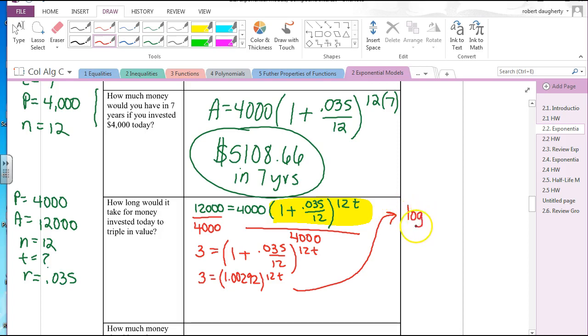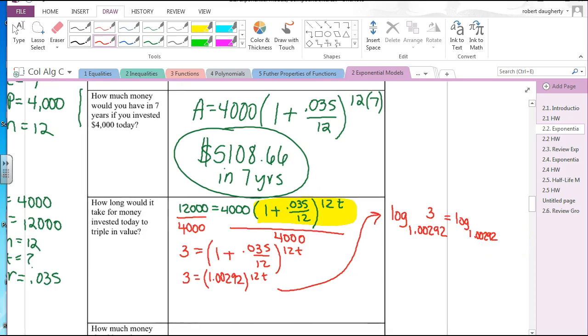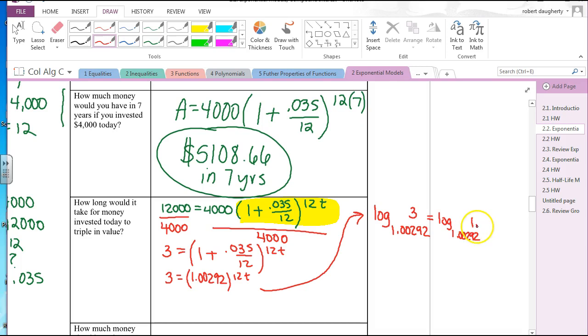The log base 1.00292 of 3 is equal to the log base 1.00292 of 1.00292 to the 12t. Now I know that looks real complicated, but on the right side, what is the log base 1.00292 of 1.00292 to the 12t?